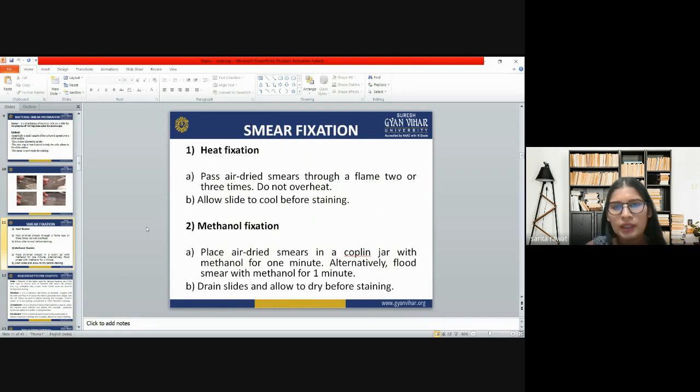Then while we are doing heat fixation in smear fixation, we have to be very careful so that our slide will not break, and we have to allow the slide cooling for a proper time. And while we are doing methanol fixation of smear, we have to use a proper amount of methanol and for the proper time so that our smear will not wash out, or our sample will not wash out.